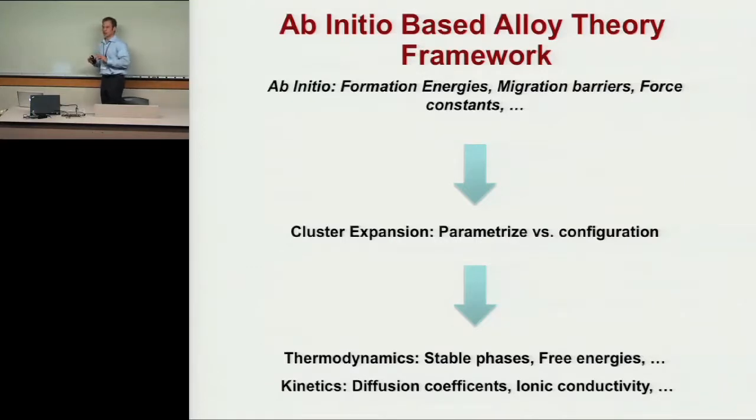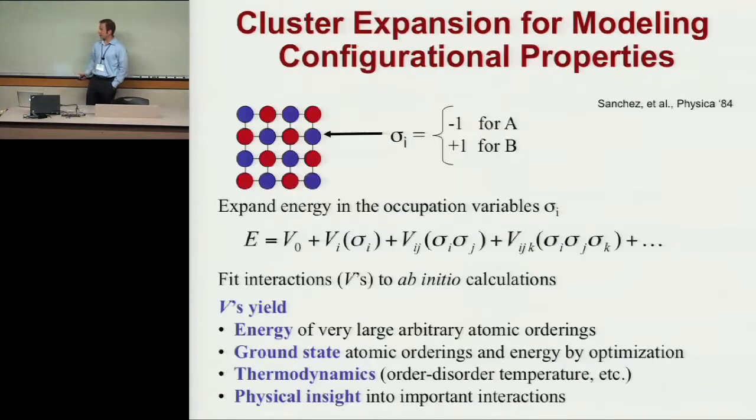You integrate that sometimes into thermodynamic models for single phases, and then you parameterize behavior as a function of configuration using a technique called the cluster expansion, which is a very general framework for mapping the behavior of complicated multi-component systems onto a tractable model. And then from that, using techniques like Monte Carlo and kinetic Monte Carlo, you can pull out thermodynamic properties like stable phases, free energies. You can also pull out kinetic properties.